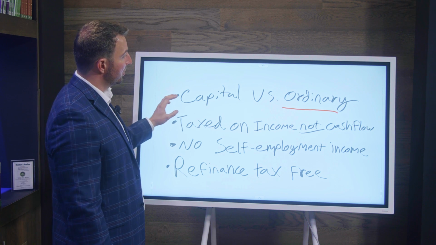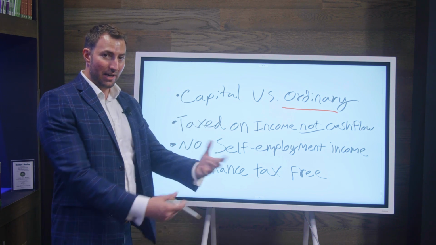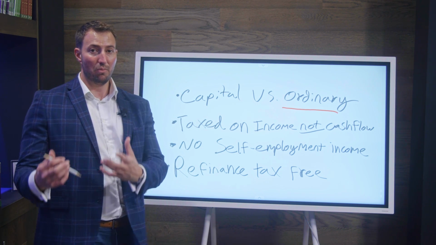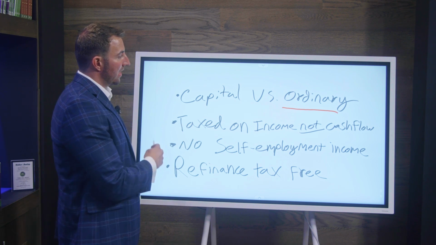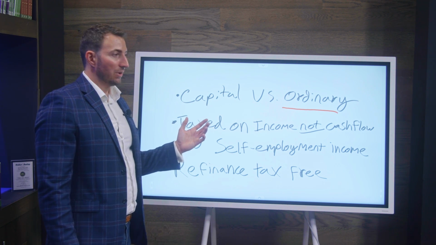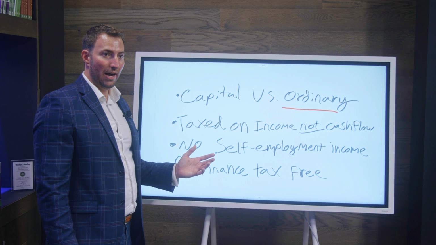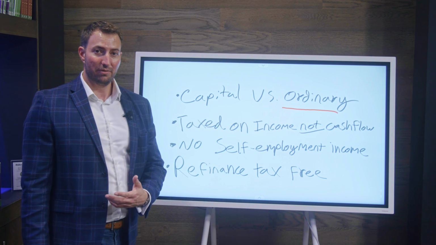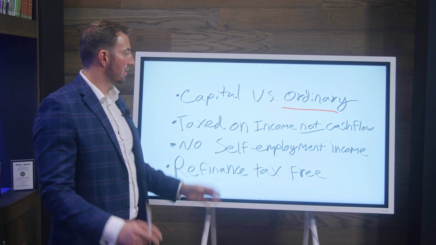So that potentially increases your in-pocket income and allows you to do more. So to the extent you can, you want to generate capital gains, and that's just the first reason why rental real estate would be better than a flipping business, purely from a tax advantage.